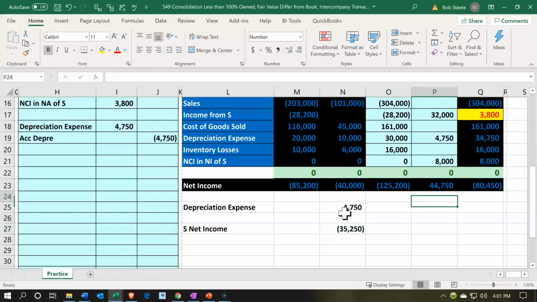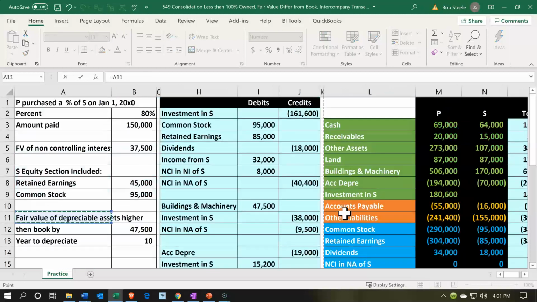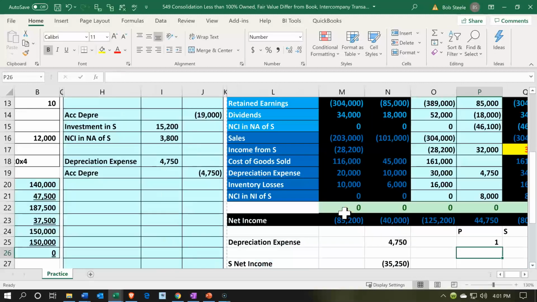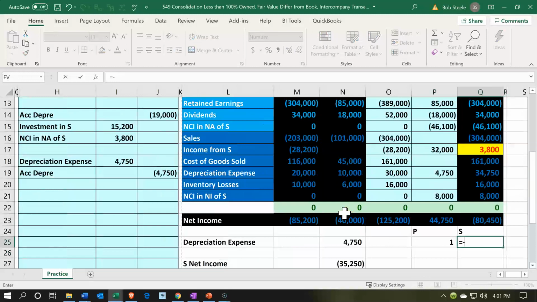If I break that out between P and S percentages, which of course would be the 80% up top, 80% here, and the 20%, which I'm just going to say is equal to 1 minus that 80%.